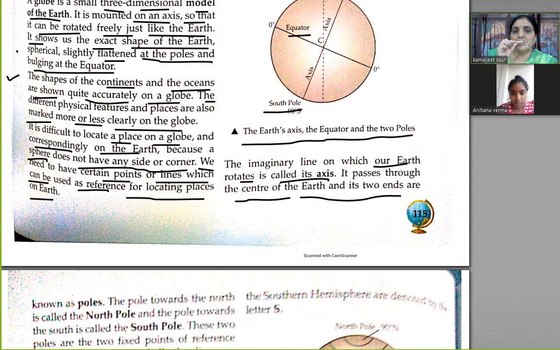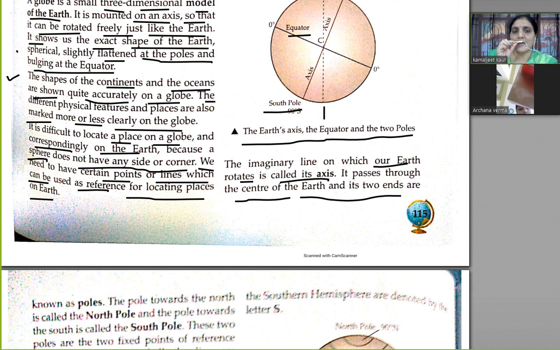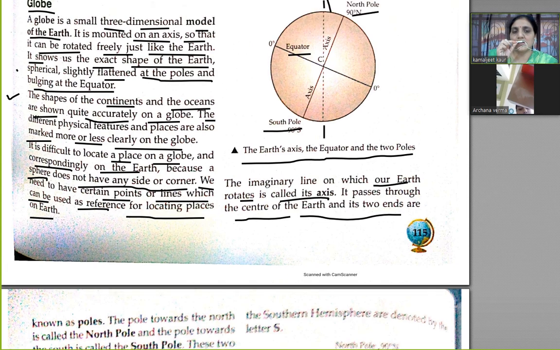Look at the picture. The imaginary line on which our earth rotates, this line drawn here, we call it the axis. It passes through the center of the earth and has two ends.